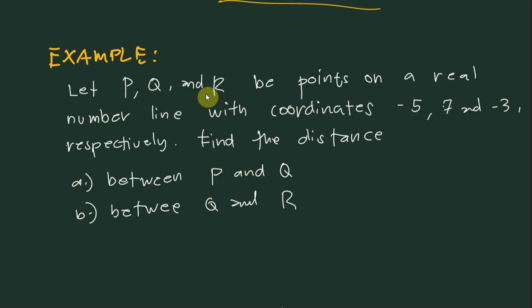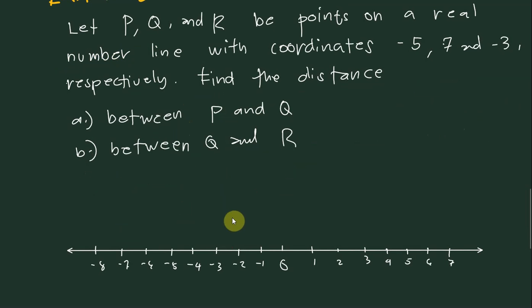Let's do some distance examples here. Let P, Q, and R be points on a real number line with coordinates negative 5, 7, and negative 3 respectively. Find the distance between P and Q, and between Q and R. Let's graph this.